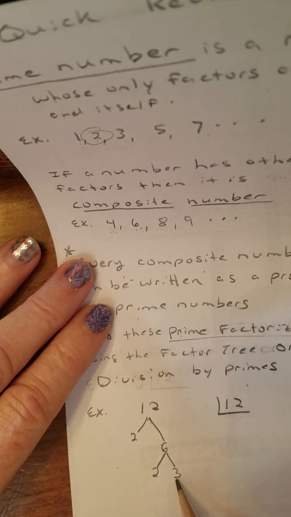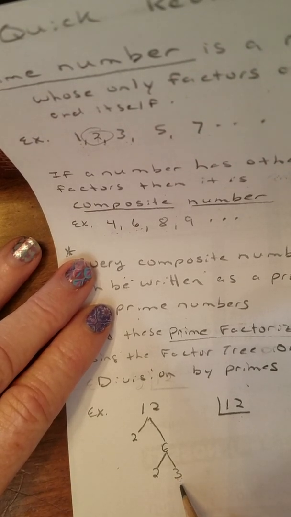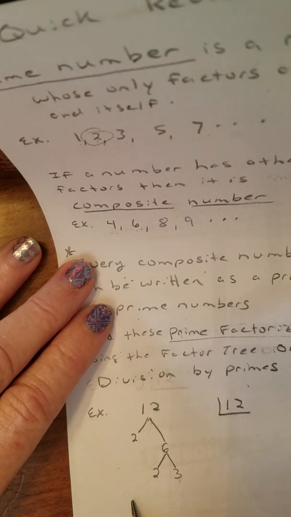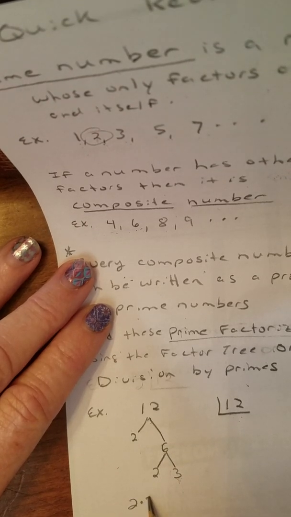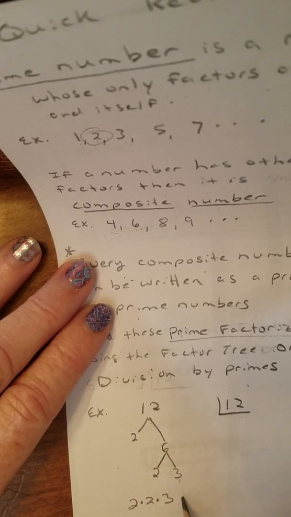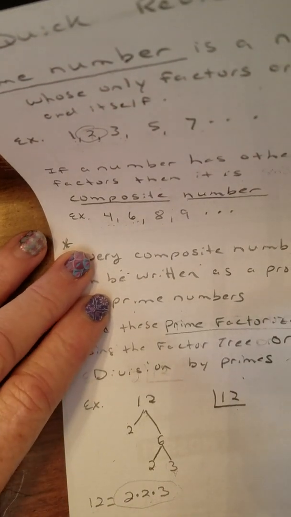You know you can stop when you end up with primes and there are no more composite numbers, because this is a prime number. So the prime factors, 2 times 3, taking each one of these, is that product, all right? That's 12 written as a product of prime numbers.